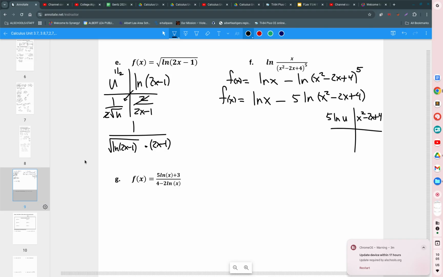What's the derivative of 5 natural log of u? 5 over u. And the derivative of x squared minus 2x plus 4 is 2x minus 2. So f prime of x is equal to 1 over x minus, when I multiply those, I get 10x minus 10 over x squared minus 2x plus 4.